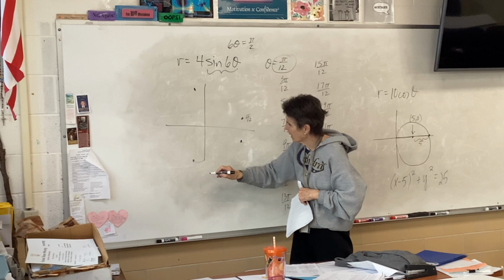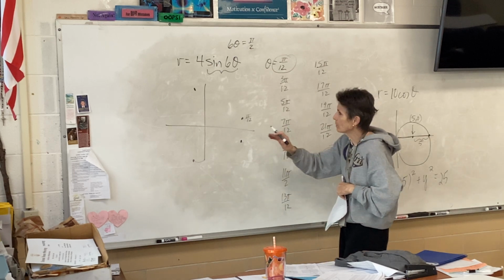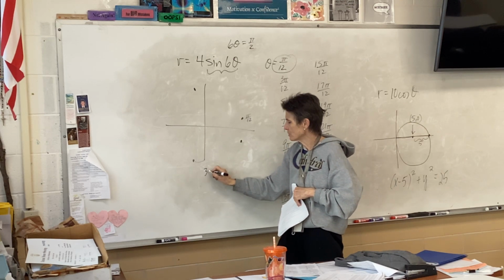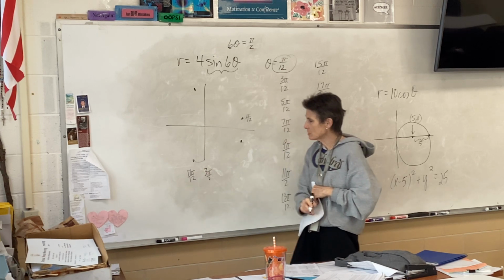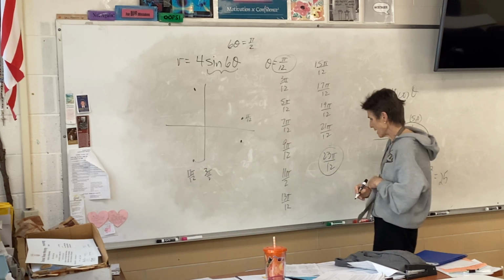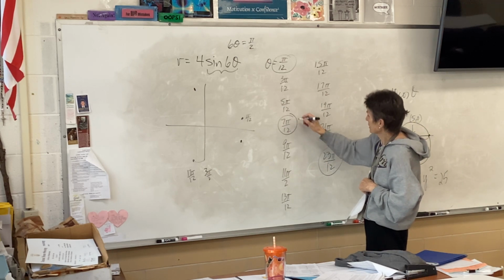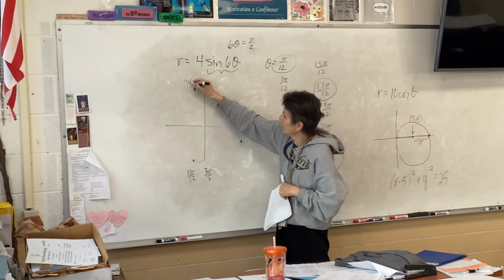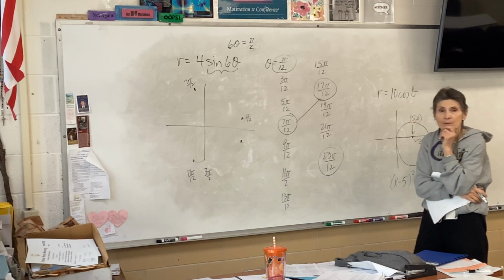This is 3 pi over 2, so that would be 17/12. So do I have one at 17/12? I do. So 7 pi over 12 and 17 pi over 12 have symmetry.